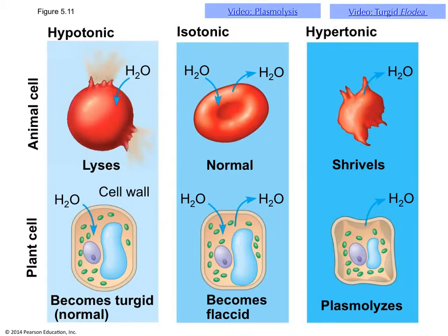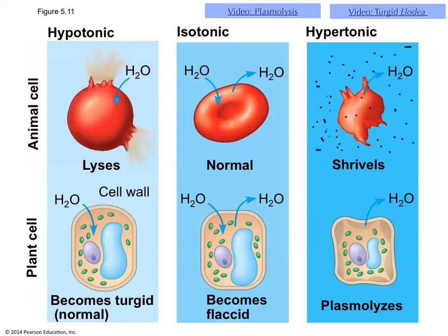So if we place an animal cell without a cell wall in isotonic conditions, the water is going to go out and in at the same rate. So it's going to stay at the same volume, and that will be very healthy for your animal cell in isotonic conditions. In hypertonic conditions, we have a lot more solute outside the cell than inside the cell.